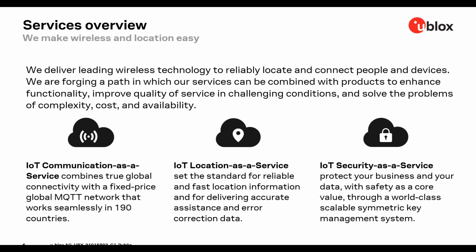We do this in three key areas, and these are communication, location, and security as a service. Now today we're going to zero in on the topic of IoT location services, that cloud right there in the middle, and how these services either assist, augment, or provide positions in those challenging environments.